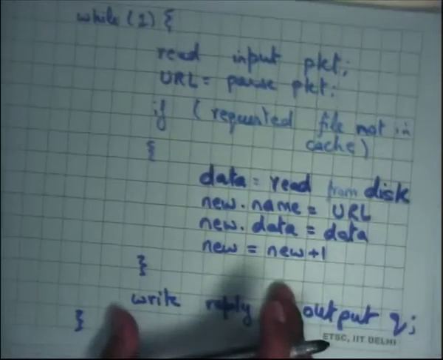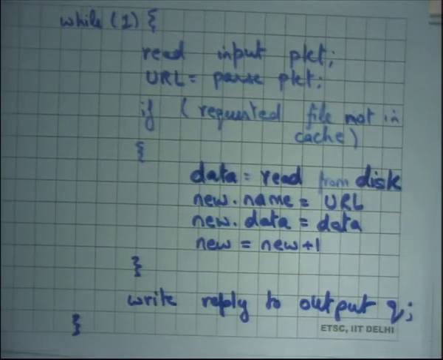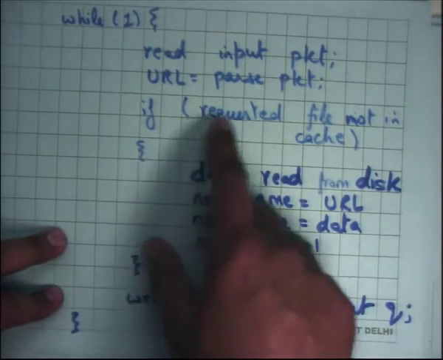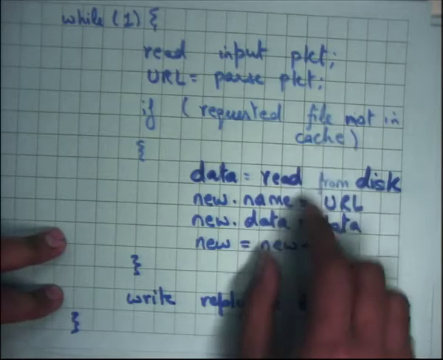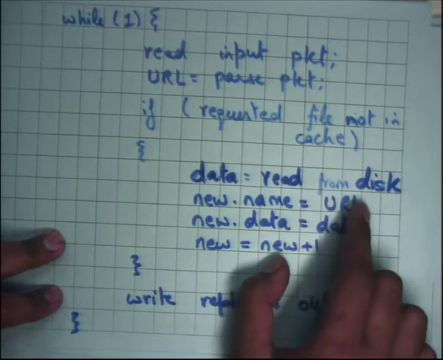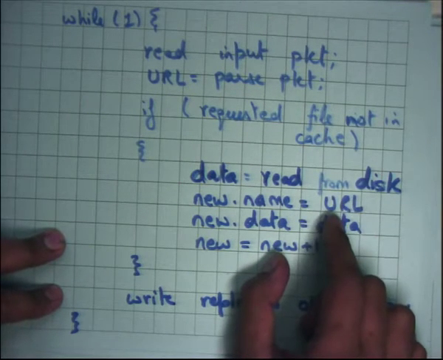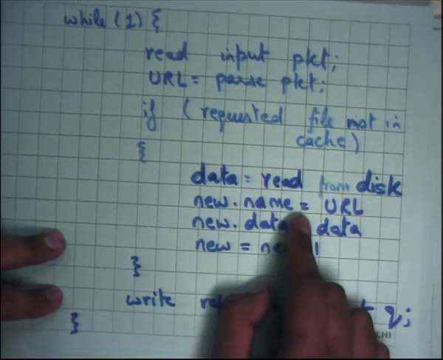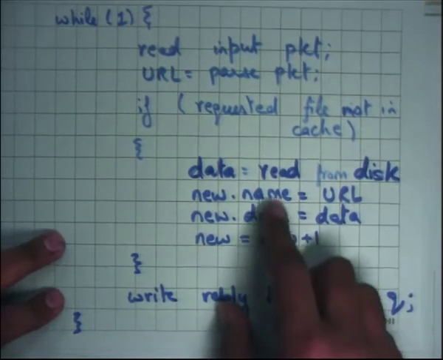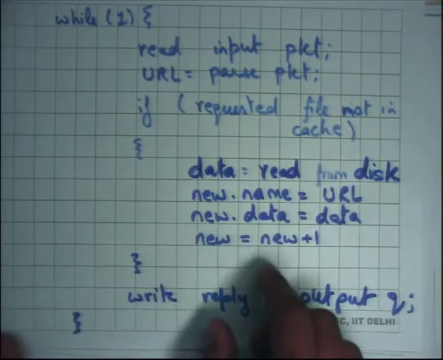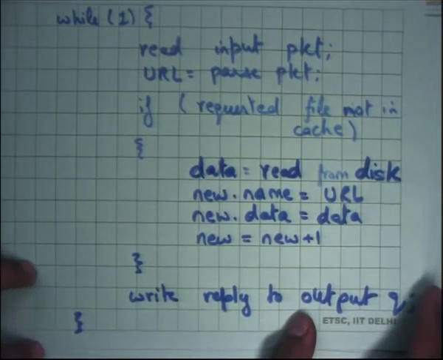right. So basically I have just implemented a memory cache, and I'll first check if the requested file is not in the cache, then I will read the data from the disk, allocate an entry in the cache, and I'm sort of assuming that there's a lot of free space in my cache, so let's not worry about cache replacement and other things.